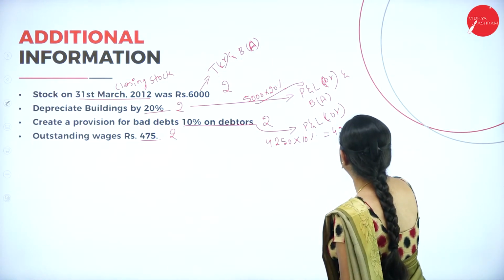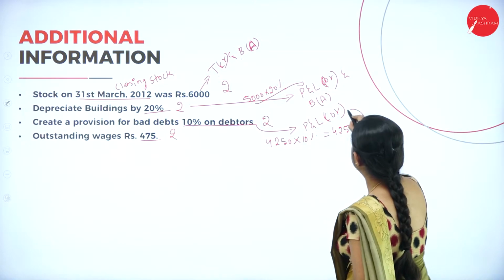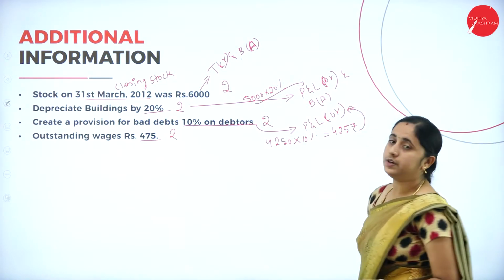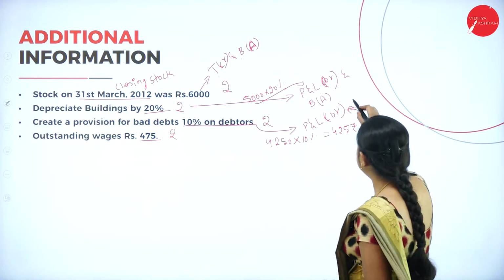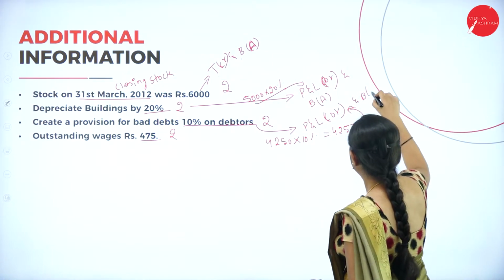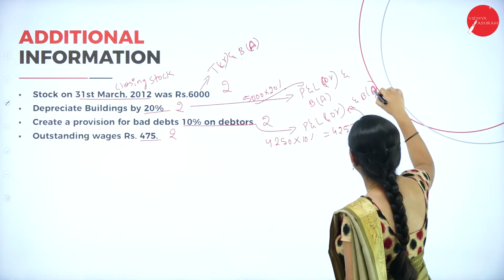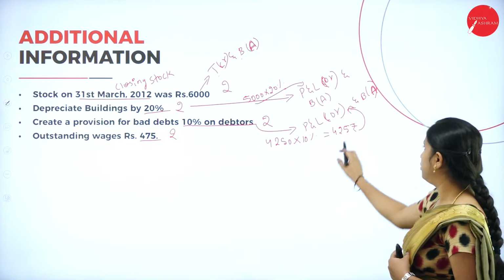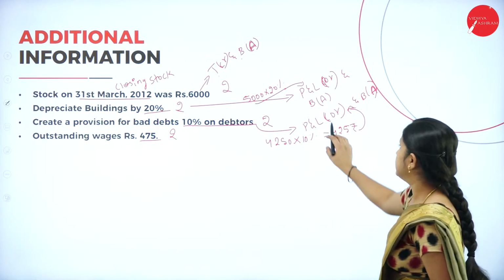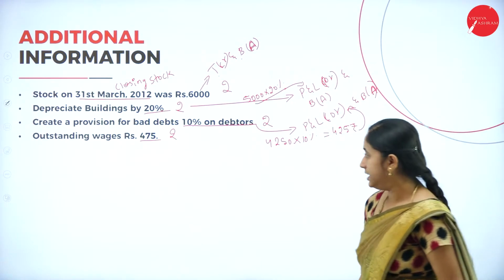That is 425 rupees. Once you will consider profit and loss account debit side. Again in the balance sheet asset side, from the debtors you will deduct 425 rupees. So, you will consider profit and loss account and balance sheet.